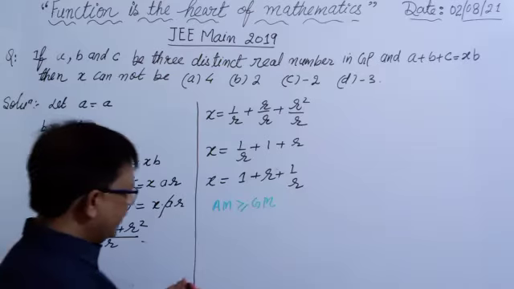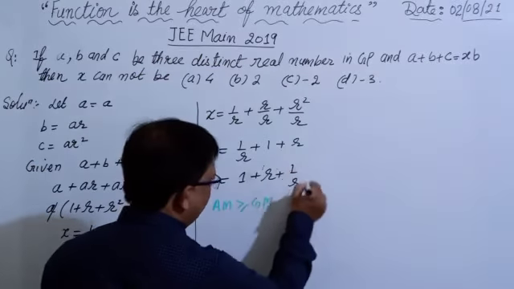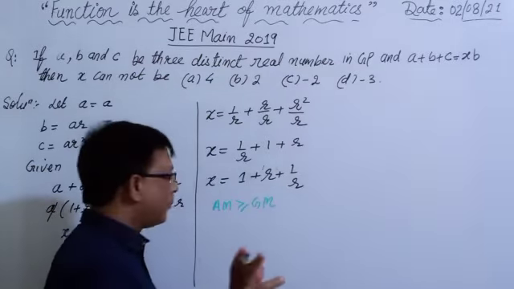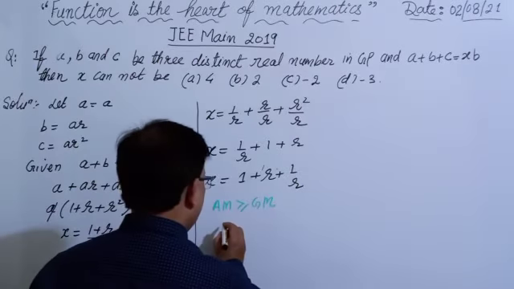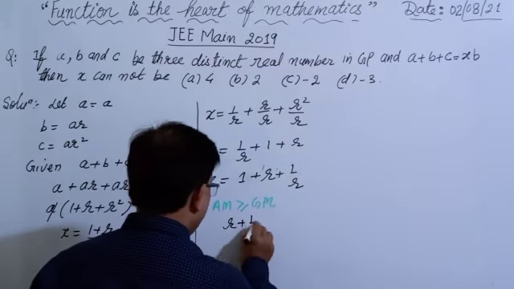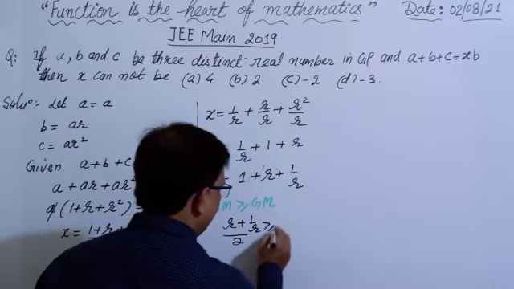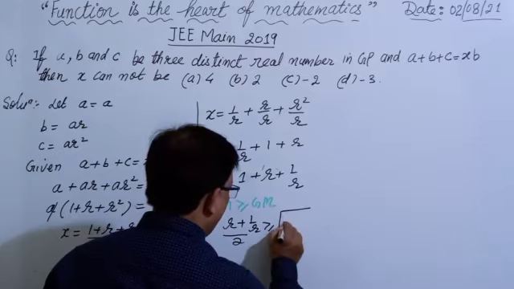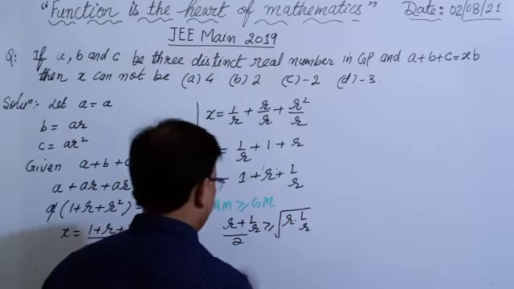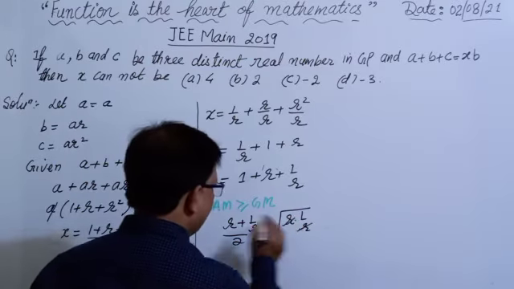So if we find the AM of these two numbers, R and 1 upon R, then (R plus 1 upon R) by 2 is greater than or equal to the square root of R into 1 upon R. Here we see that this cancels out.